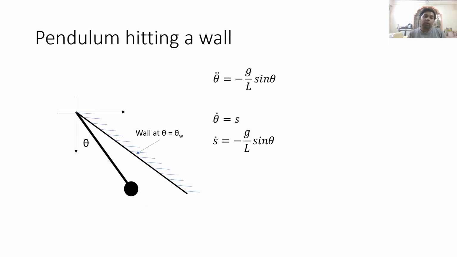So there is a wall at a certain angle, and if we release the pendulum from a certain angle and allow it to oscillate, and we provide enough initial angle so that it will definitely hit the wall, then how do we solve that problem using MATLAB? That was what we had introduced in the discussion yesterday.